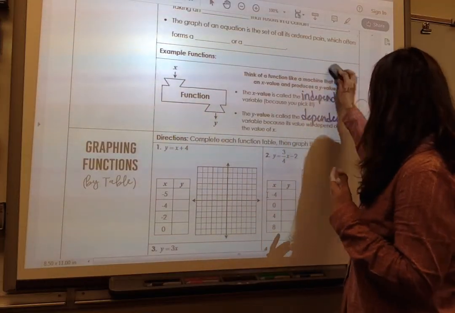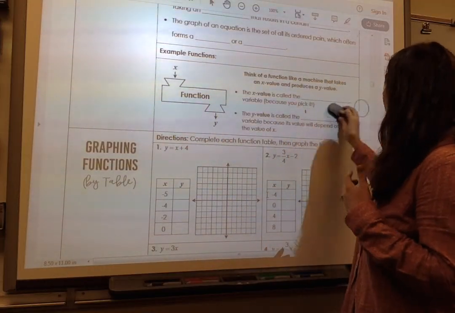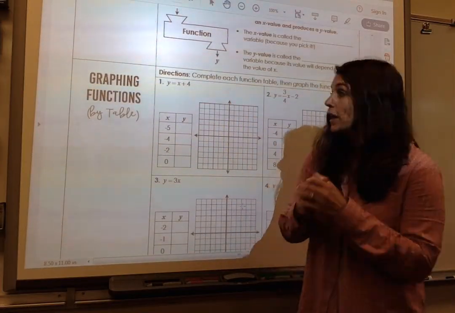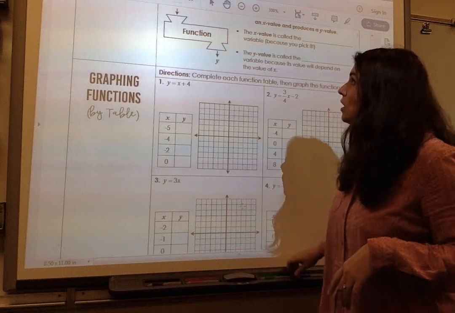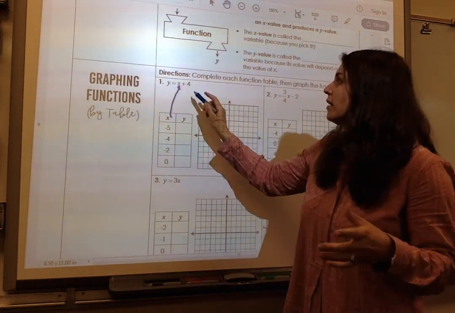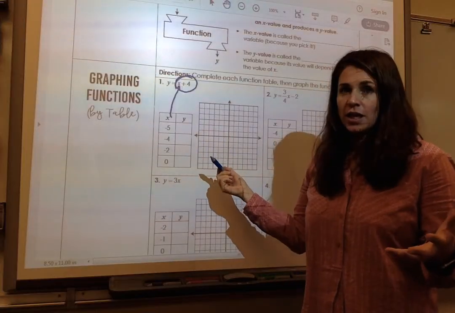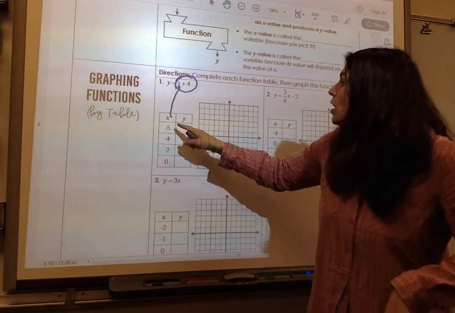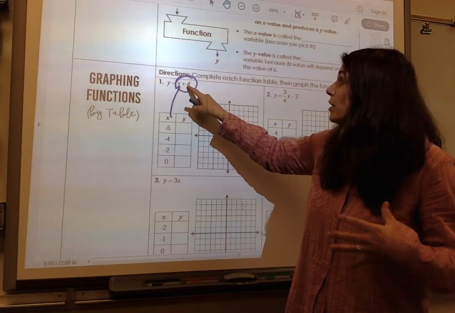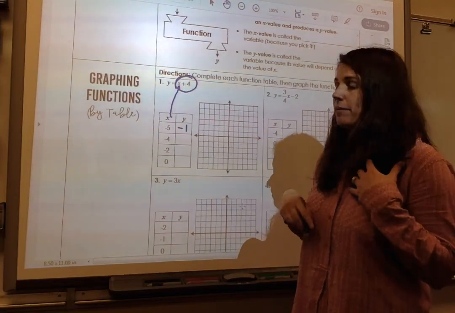So here's what I want you to think about. When you have, number one, think about this as the function machine. Here's my input. So if you were to plug in -5 for x, it's going to spit out an output. So when you plug in -5 and evaluate it, -5 plus 4, that's a -1.